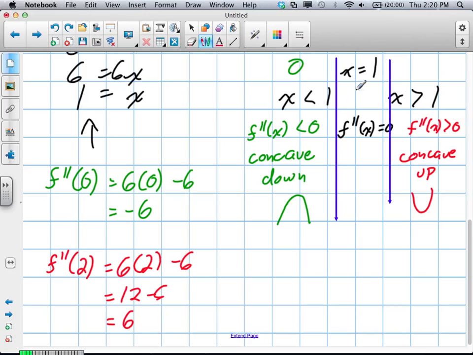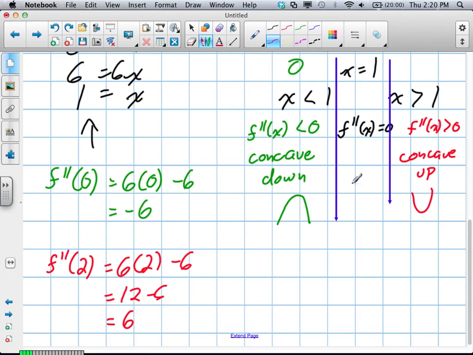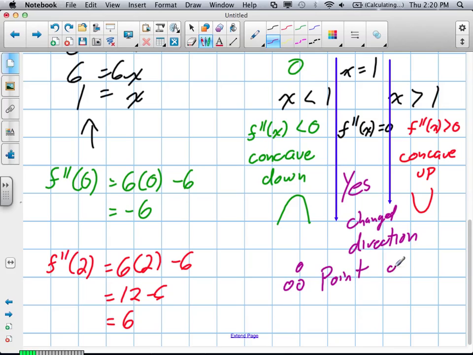Did we change directions at the point of 1? Did we go from concave down to concave up? Anyone? Yes, we did. So yes, we changed direction. Therefore, we have a point of inflection.